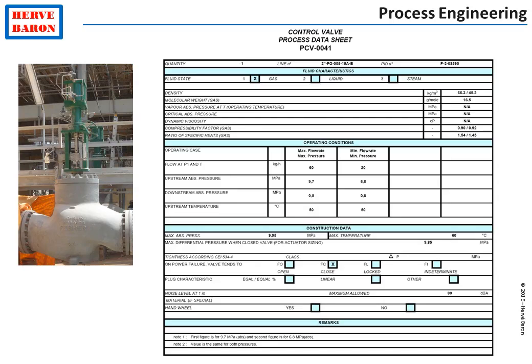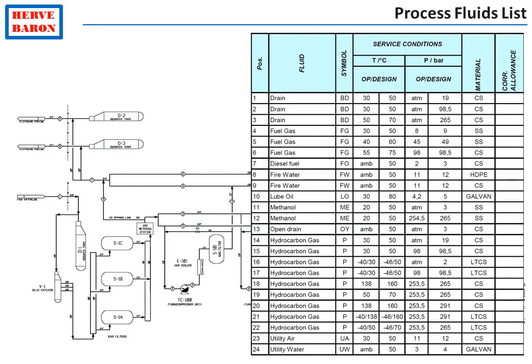We have now seen that process has specified equipment and instruments. Process also specifies pipes. Process issues the process fluids list. It is a list of the various services with their service conditions, in particular pressure and temperature.